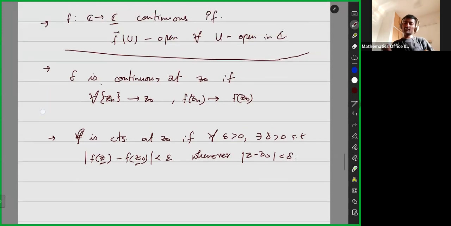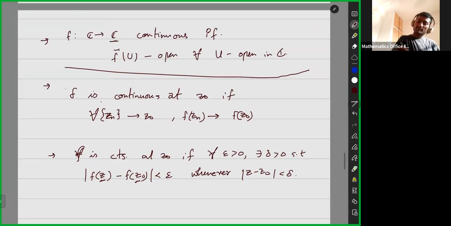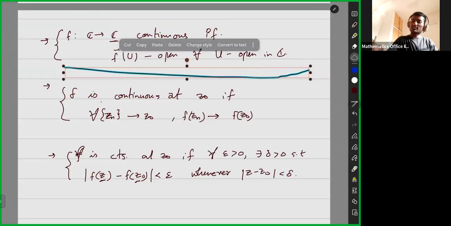So this is the epsilon-delta definition, this is the sequential definition, and this is the topological definition. If you want to see, I can show that all three are equivalent in complex numbers.